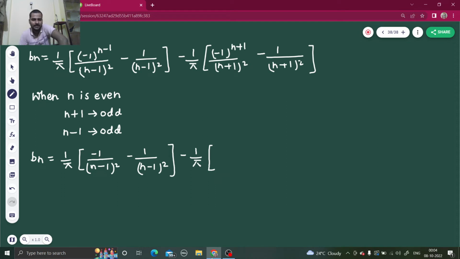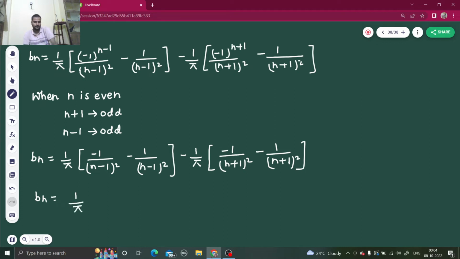Again here, because n plus 1 is also odd, minus 1 power odd is minus 1, so minus 1 upon n plus 1 square. So bn is 1 by pi, this is minus 2 by, 1 by pi if I take common.